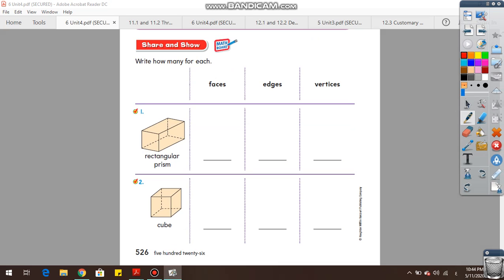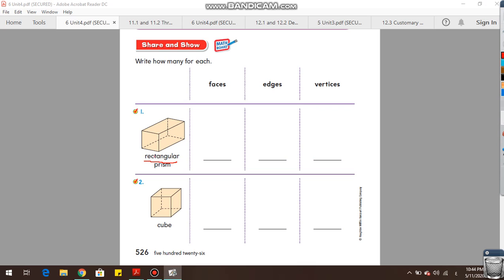They have the same number of faces, edges, and vertices, but they only have one difference. The rectangular prism, from its name, has faces of a rectangle, and cube has faces of a square.